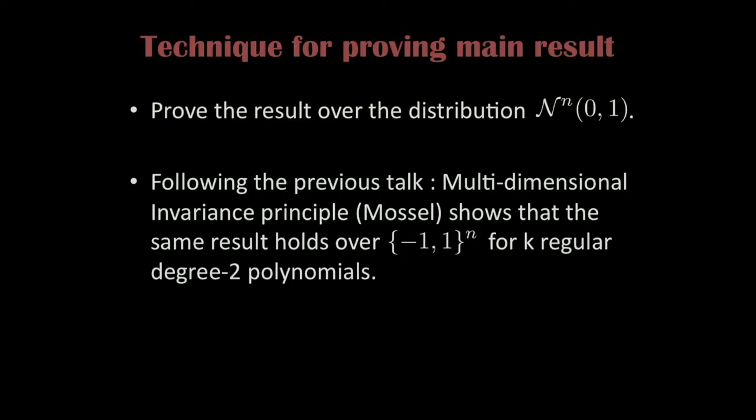You can do the same counting algorithm for degree 2 polynomials over the hypercube as well, with the uniform distribution, provided these polynomials are regular, meaning that every variable has very small influence on each of the polynomials. So this is pretty standard.